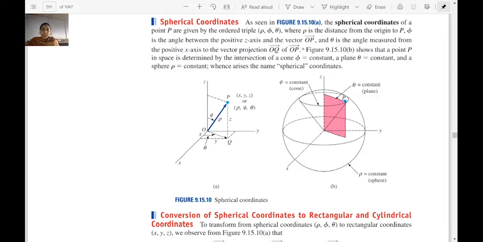Next, θ: we project the ray OP onto the xy plane, and we get the ray OQ. Theta is the angle between the x-axis and this ray.